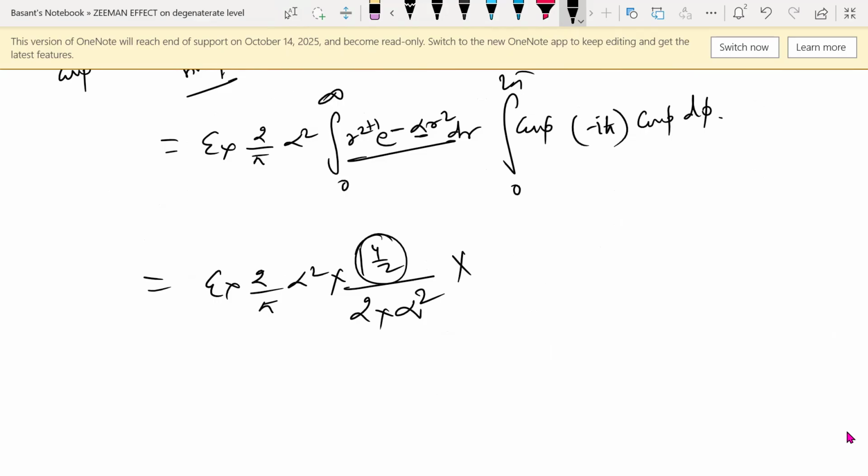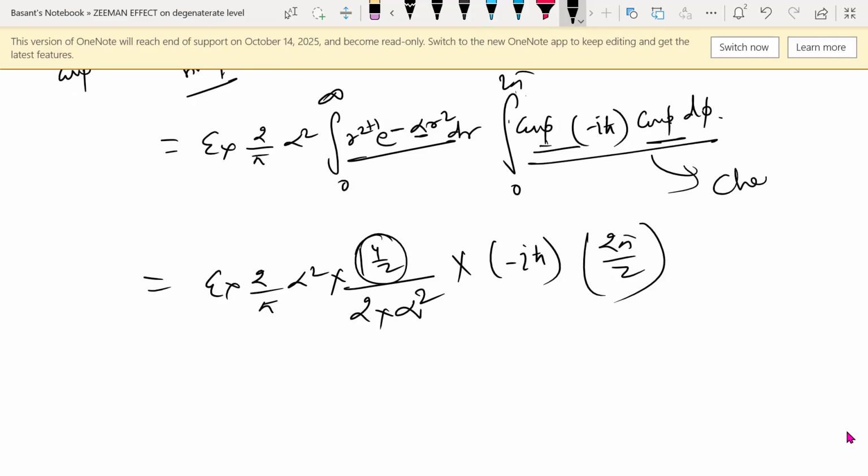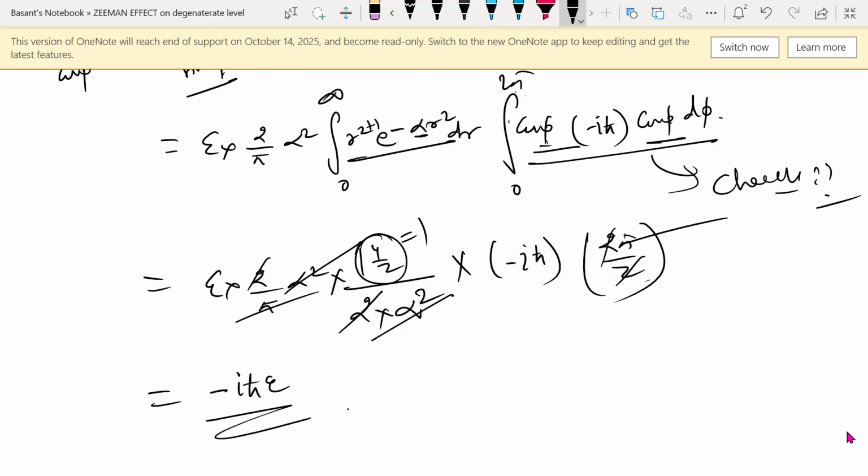Now this is equal to minus i h bar, and cos square phi gives integration 2 pi by 2. You can check this, it is 2 pi by 2. By solving this, we get pi cancelling pi here, and this is equal to 1. So this becomes minus i h bar epsilon.